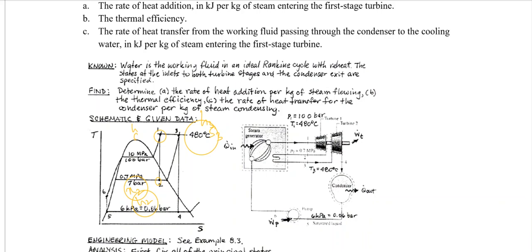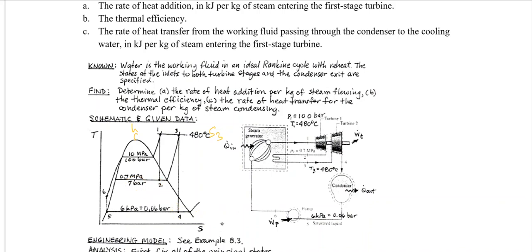And now expanding back to state number 4, at state number 4 we again will check whether it lies inside the vapor dome or outside the vapor dome. If it is inside the vapor dome, we will find x4, then we will find h4, and then obviously if we need to find the thermal efficiency or mass flow rate, we will use these enthalpies and so on and so forth.